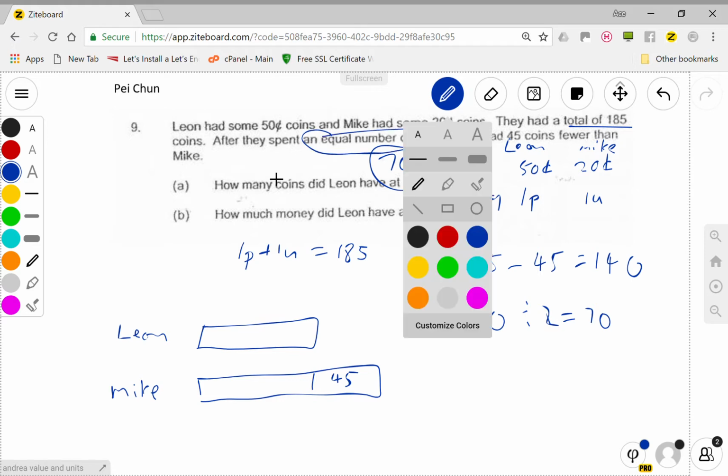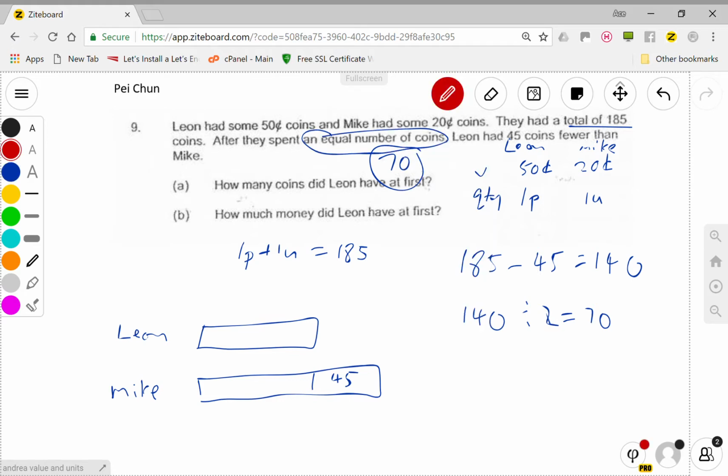So let me use red color to show them spending an equal number of coins. Let's say this is the equal number of coins that's being spent. Can you see that after spending an equal number of coins, Mike still has 45 more than Leon?